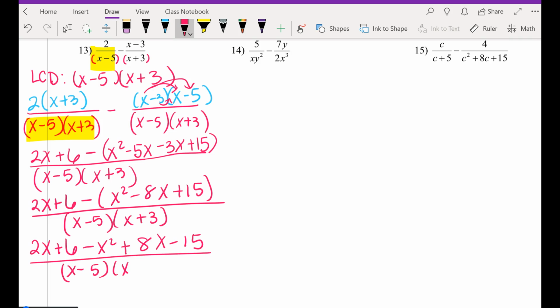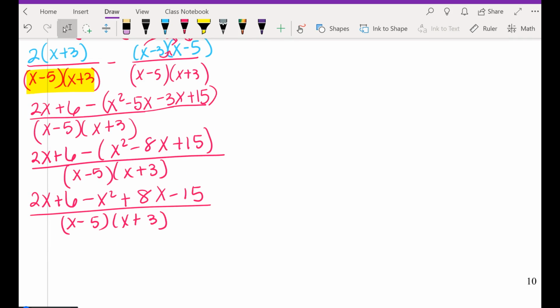Okay. Can we combine like terms now in the numerator? Yeah. We just have one negative x squared. How many x's do we have? So that and that, what would that make? 10. So plus 10x. 6 and a negative 15, Roger, will make a what?